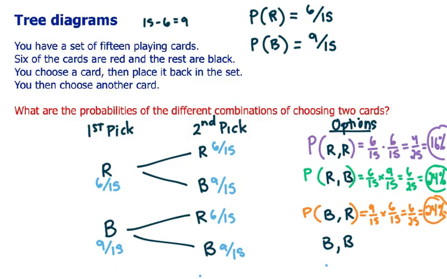And then lastly, if we were going to choose a black card followed by another black card, that's 9 out of 15 times 9 out of 15, which ends up being 9 out of 25, which is 36% probability. So that's the idea of using a tree diagram to calculate the probabilities of the different options.